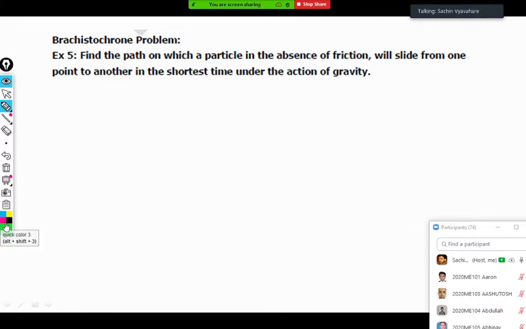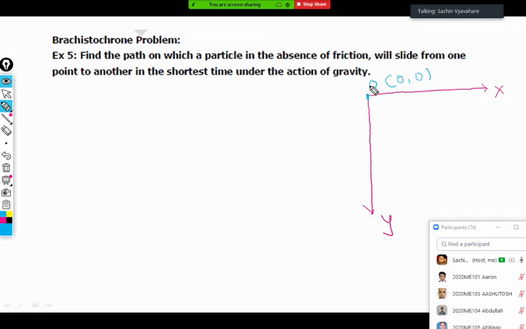So first, we can take one rough diagram. This one is our x-axis, this one is the y-axis, and at the beginning let us assume our particle is at the origin, that is 0, 0.